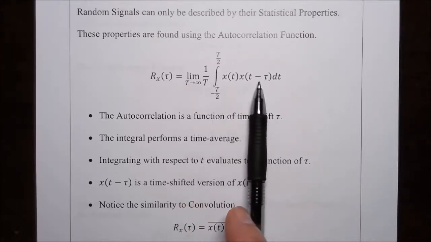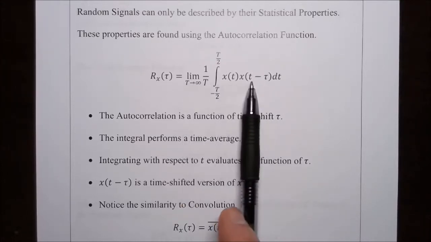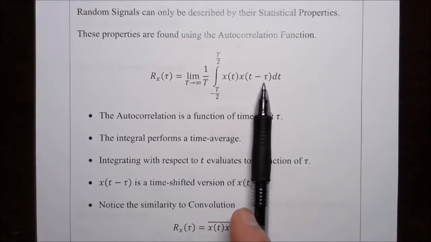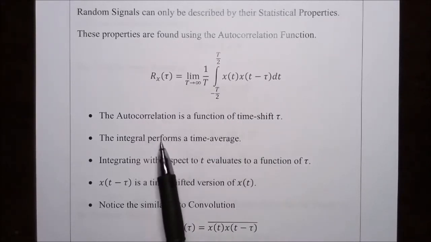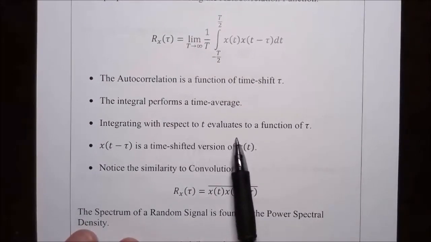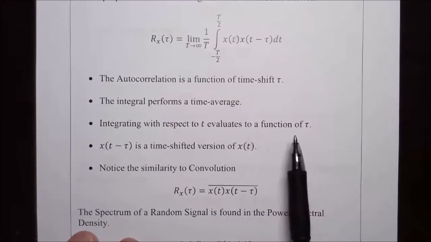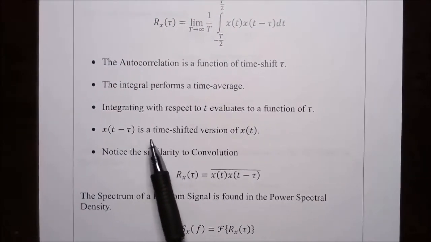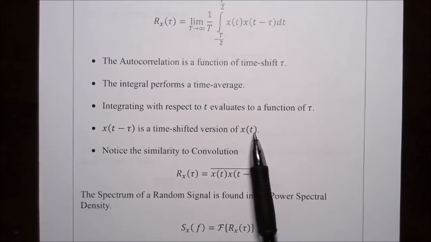You complete this integral, which is essentially a time average, integrating with respect to t, and we will have a function of tau. The integral performs a time average, integrating with respect to t, evaluates to a function of tau, and x of t minus tau is simply a time-shifted version of x of t.